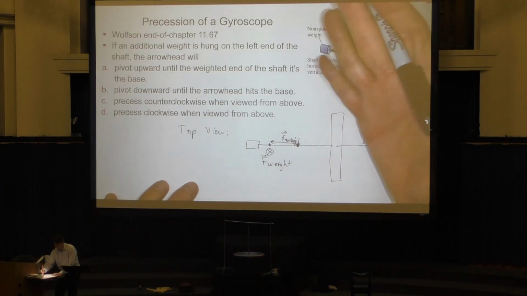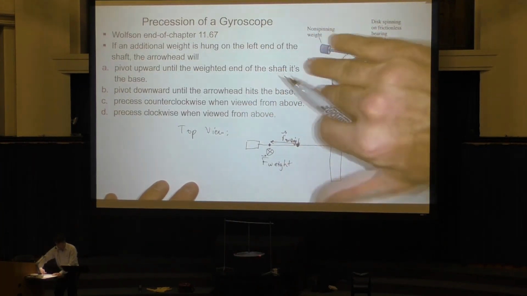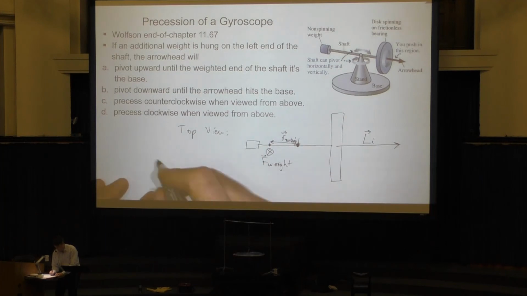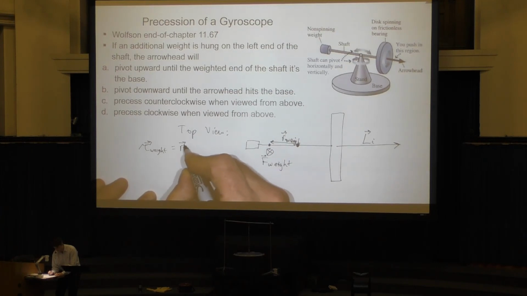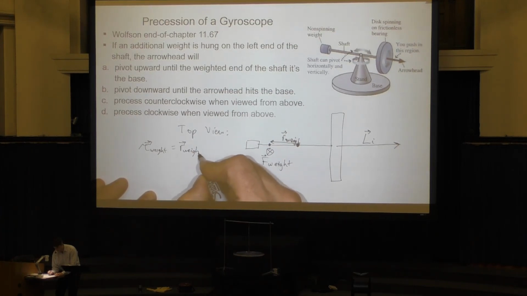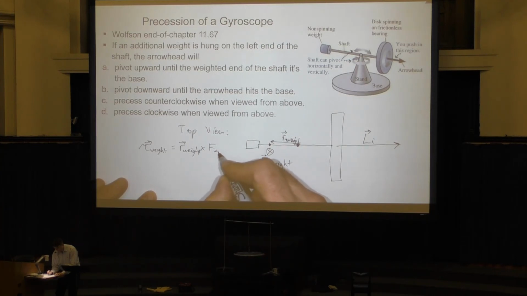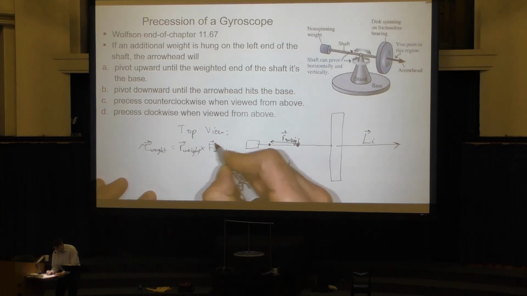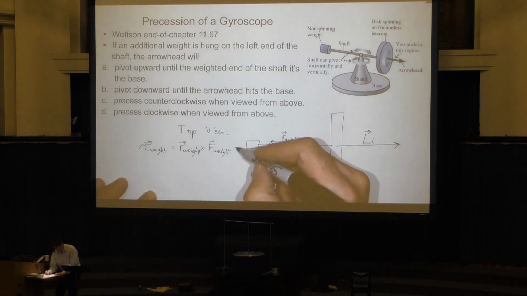So again, right hand rule. R cross F is down. So the torque of this weight is equal to R of the weight cross the F, which is into the page, and you get that it's this direction.